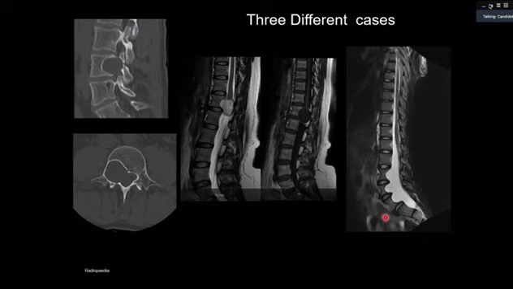The far left images, the CT images, show a lytic lesion within the right pedicle. It is causing bony expansion and shows a thin sclerotic margin.